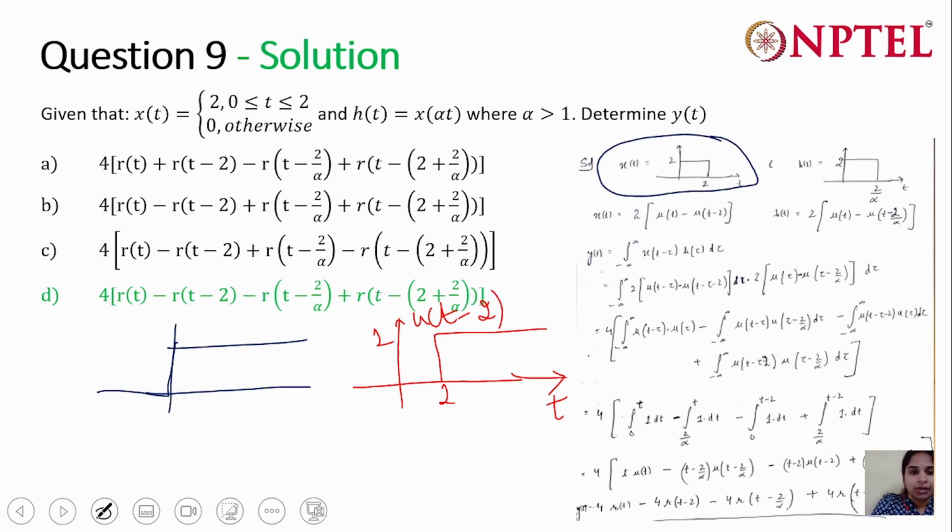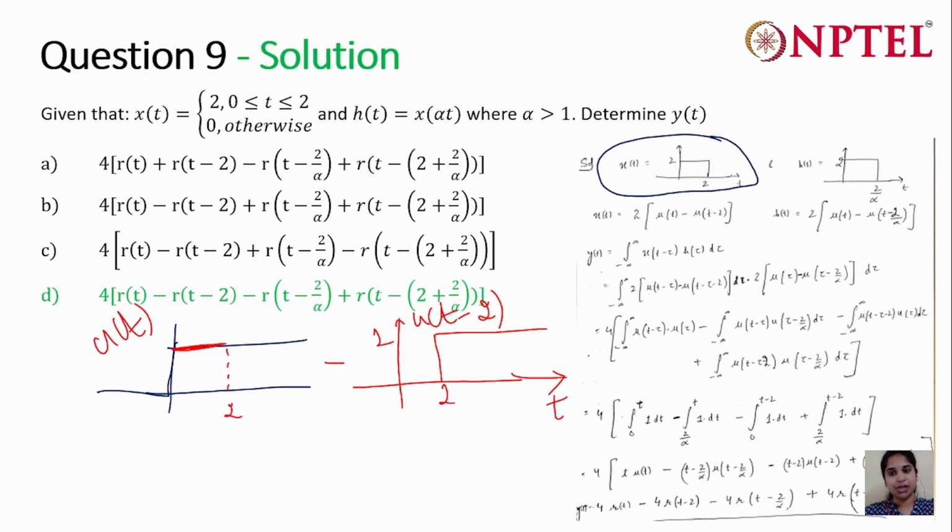So if I do u of t minus u of t minus 2, what will I get? I'll get the non-zero portion only till this 2. Correct? So I will be getting x of t, and on the y-axis the amplitude is scaled by 2 units.